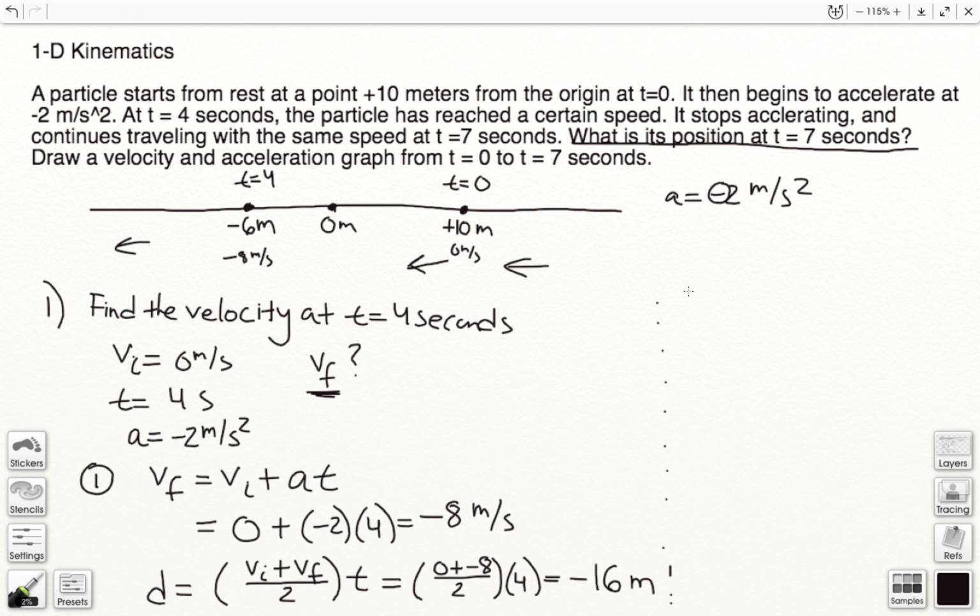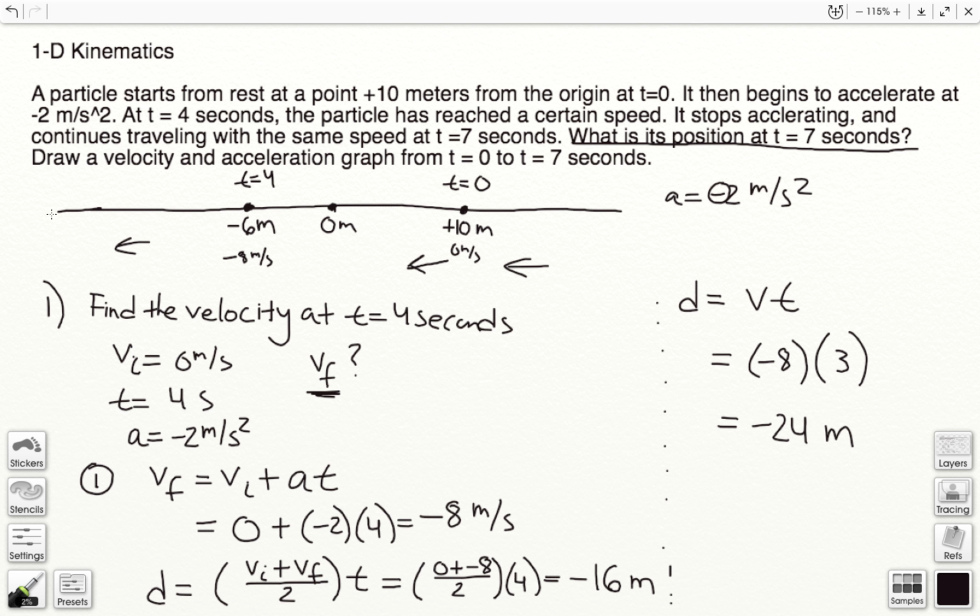The displacement from that time will be simply velocity times time. I'm going at negative 8 meters per second, and from this point, I'm going to be traveling another 3 seconds. So that means I'll have gone negative 24 meters, and that is negative 24 with respect to this point.